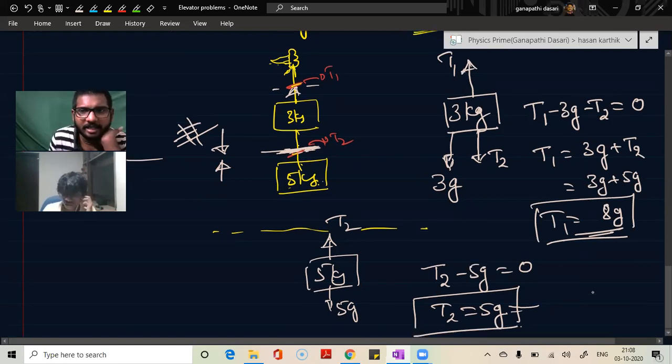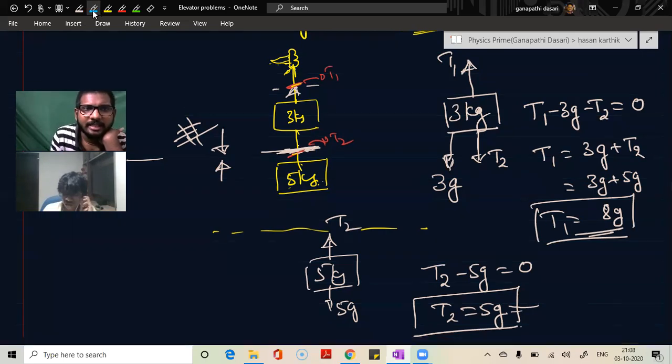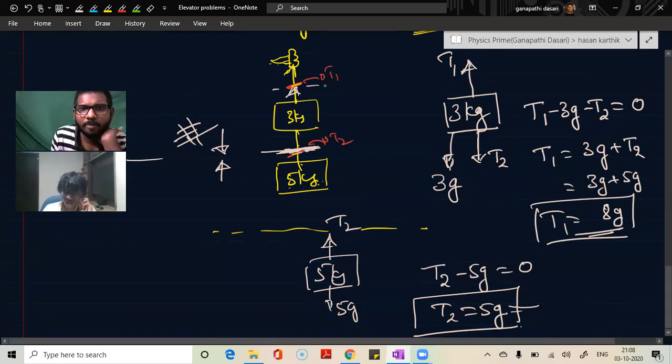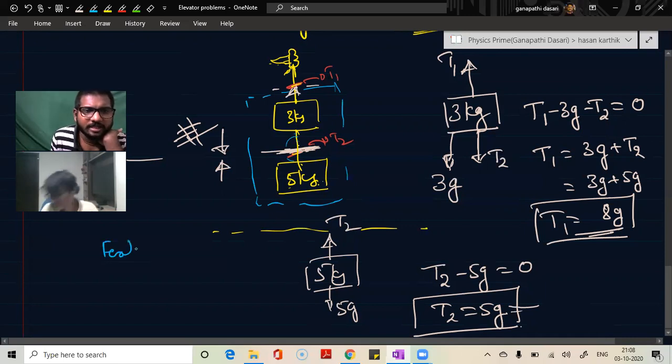There are some students who, after getting habituated with all these things, will try to draw the system properly. If you take this entire thing to be the system, then this tension is an internal force, isn't it? Will an internal force cause any acceleration of the system? No, sir. Only external force causes it. External force is equal to mass into acceleration plus P into dm by dt.